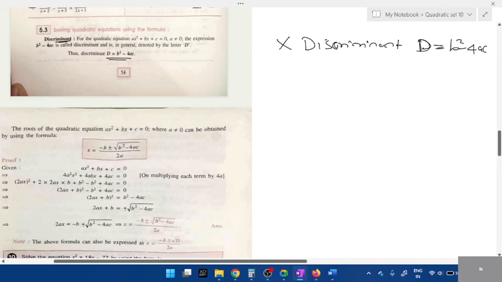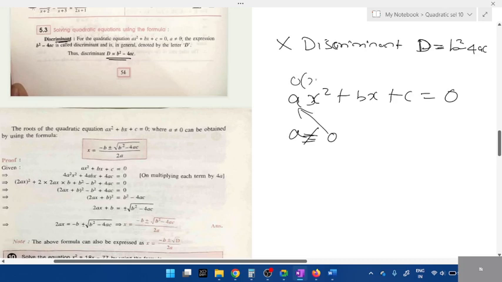Look, I'll read out for the quadratic equation ax square plus bx plus c, a is not equal to 0. See, the reason they told a is not equal to 0 is, if you put a as 0 here, students, what happens to x square? If you substitute 0 into x square, how much is it? All of you respond. 0 plus bx plus c, right?